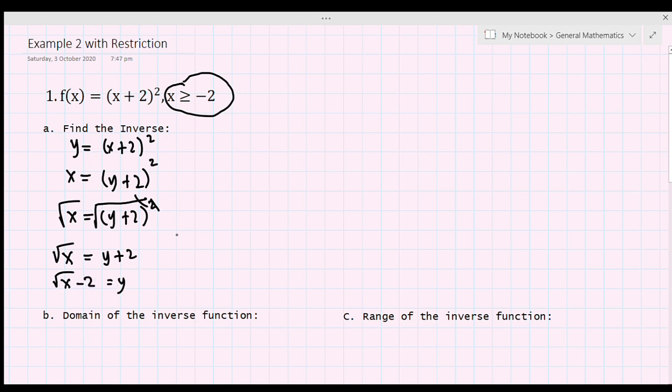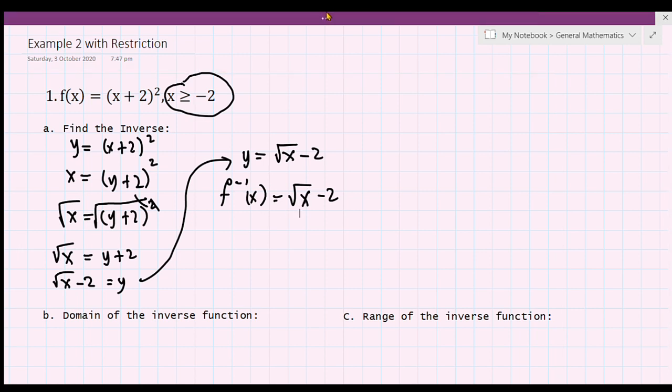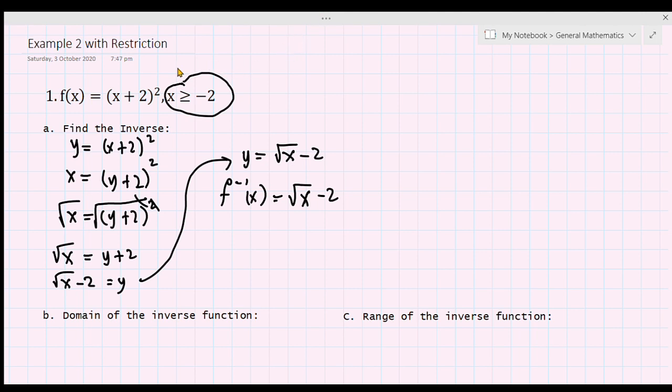The inverse of this function will be f raised to negative 1 of x is equal to the square root of x minus 2. Meaning to say, this will be our inverse of the function using the original given. Ito na yung magiging inverse natin.